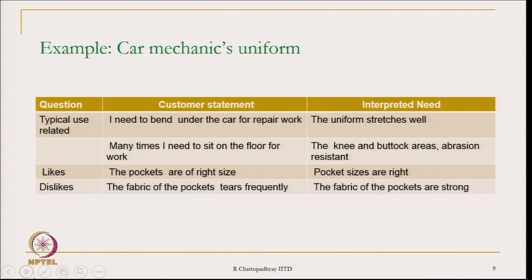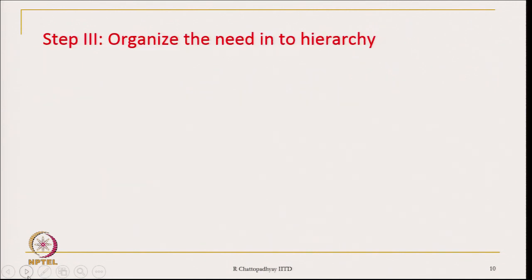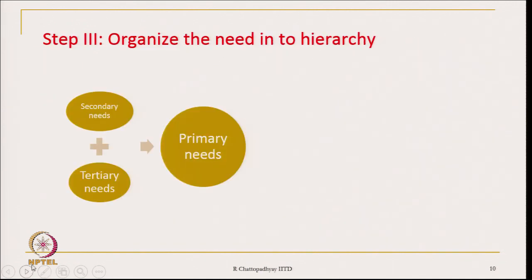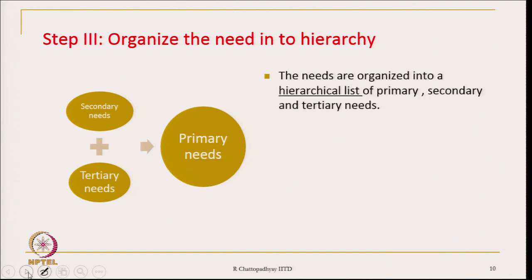Okay. Now, the next part is to organize the needs into a hierarchy. Primary needs can be written in the form of secondary needs, or in the form of tertiary needs. How?